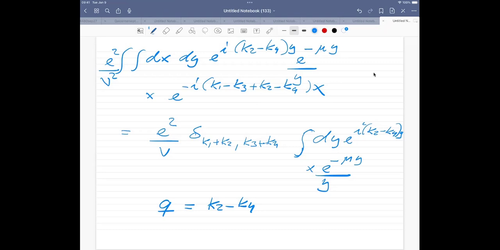So what we get then, if I introduce this variable, is e^2 divided by v, and then the Kronecker delta, k1 plus k2, k3 plus k4, multiplied with 4π divided by μ squared plus q squared.